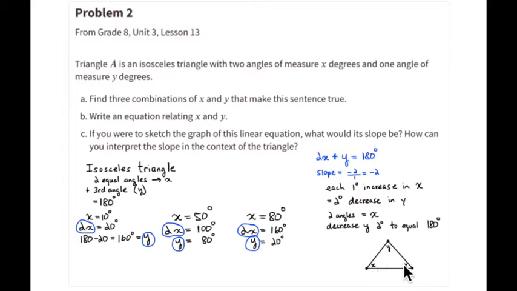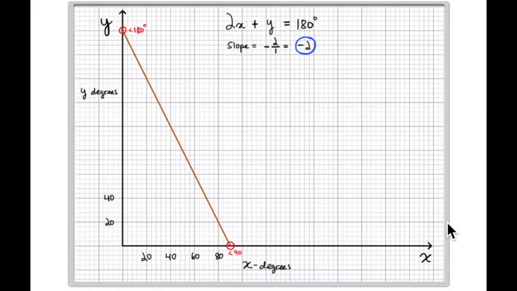If I increase x, I do that to both of these angles, so I have to subtract that number of degrees from y, both of these, from y, to get an equal decrease in the number of degrees to keep it always balanced with 180 degrees. So an equation would be 2x plus y equals 180.